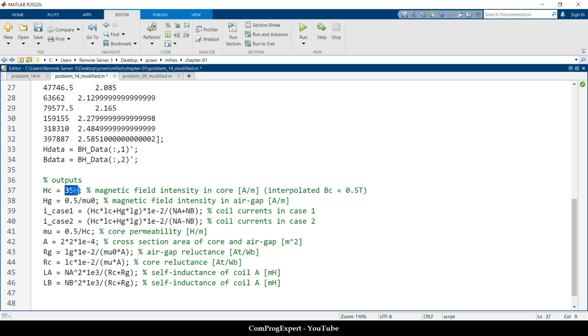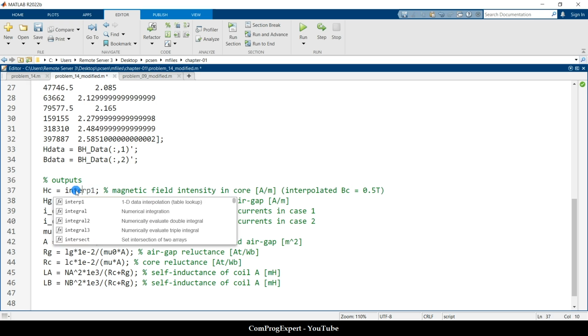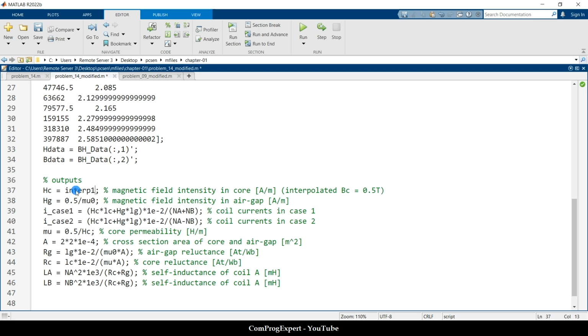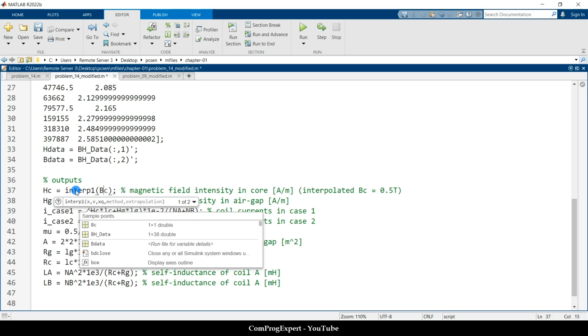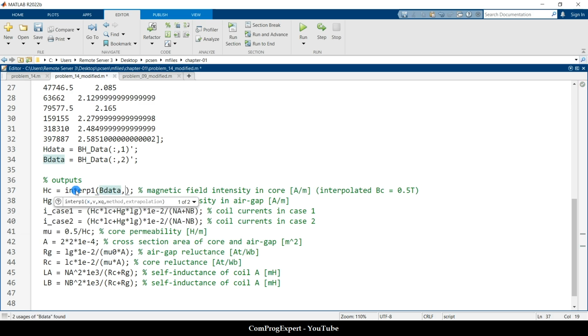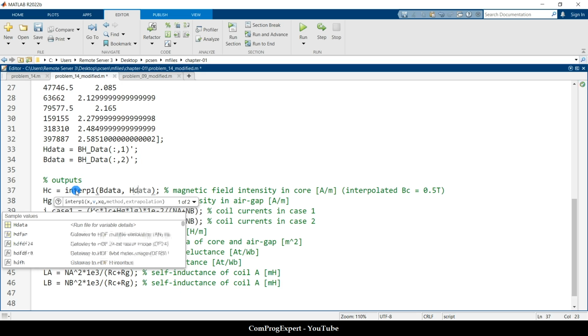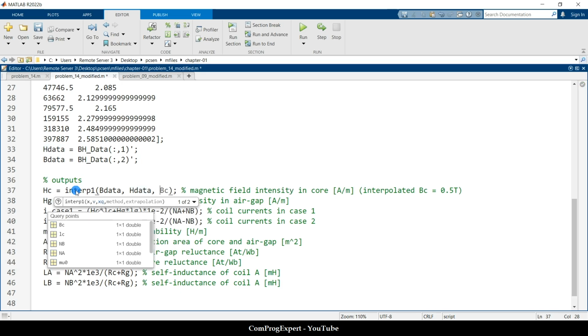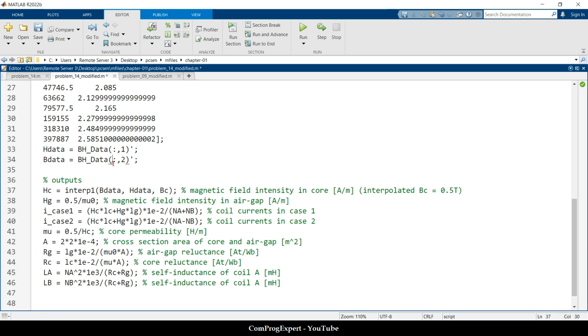What is the value of the H core? We need to use the one-dimensional interpolation. B data, this is H data, and this is desired value of the B core. Desired value for the B core and this is the B core again. Yes.